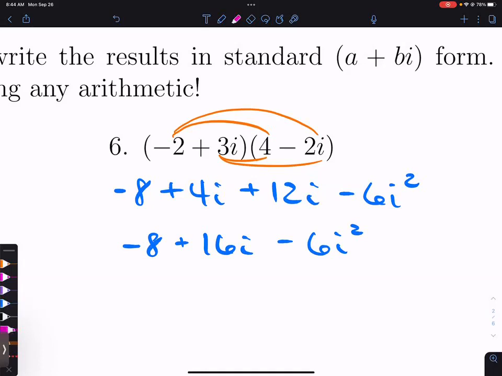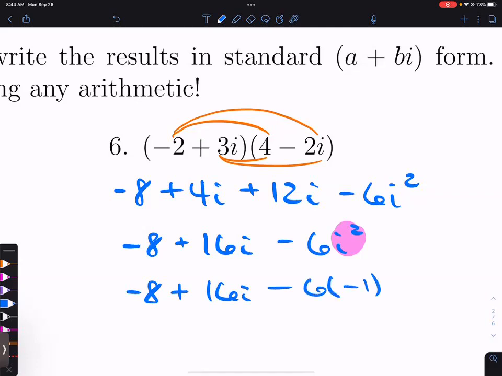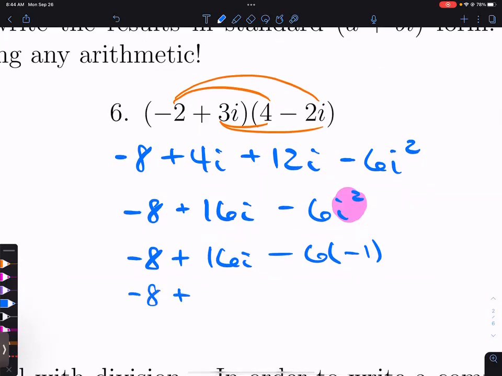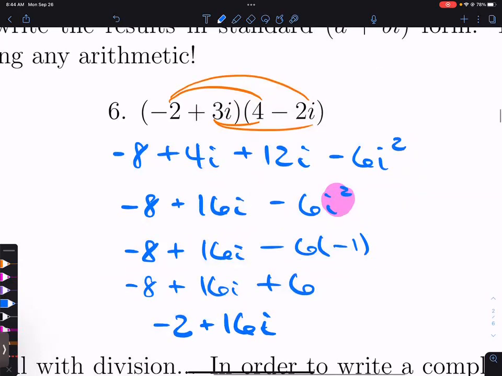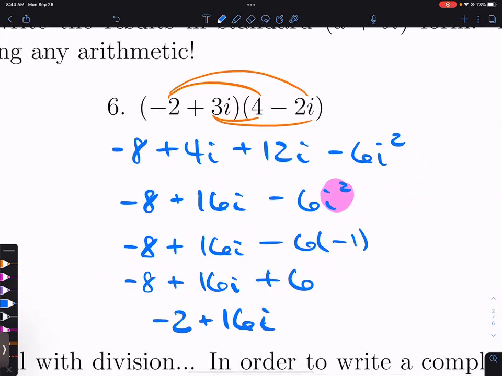So this is the same thing as negative 1. That means I can rewrite this as negative 8 plus 16i minus 6 times negative 1. So actually that i squared term isn't imaginary at all. It's a real number. It's just sort of disguised.